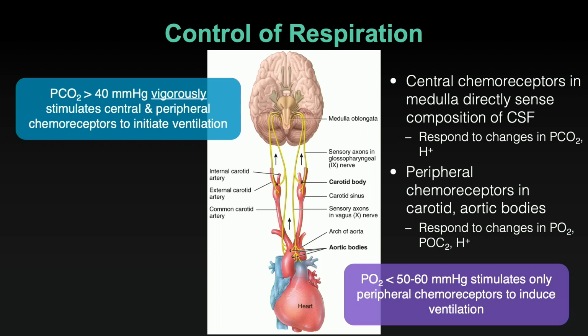The peripheral chemoreceptors only add to this signal when PO2 drops below about 50 or 60 millimeters of mercury. That is, we allow a lot of movement in PO2 and very little variation in PCO2.